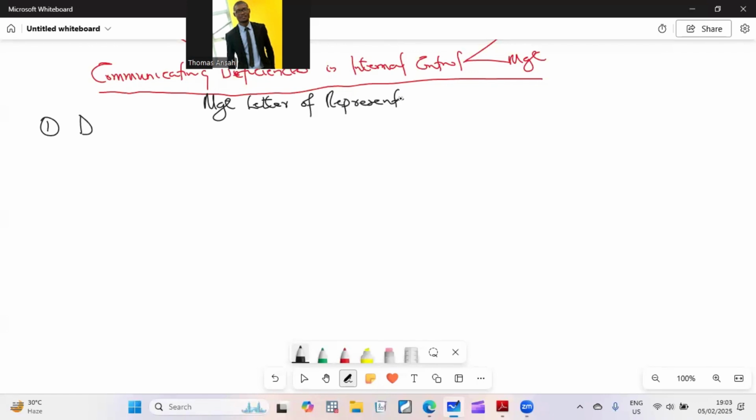I'll give you a personal experience I encountered in this communication of deficiencies to those charged with governance. It was marvelous. The auditor will write the letter, and in that letter, the auditor will highlight the deficiencies in the internal control. We've learned internal control, so you should have an idea about it.